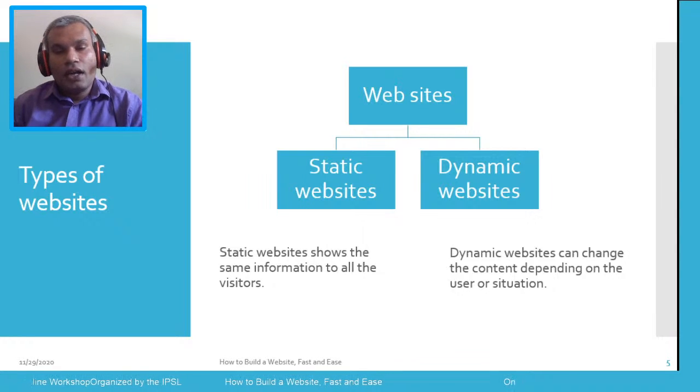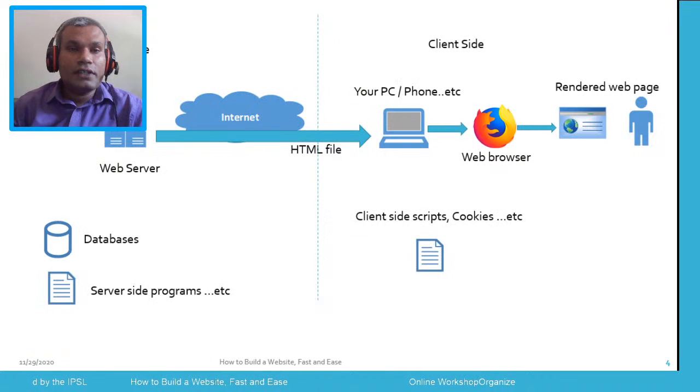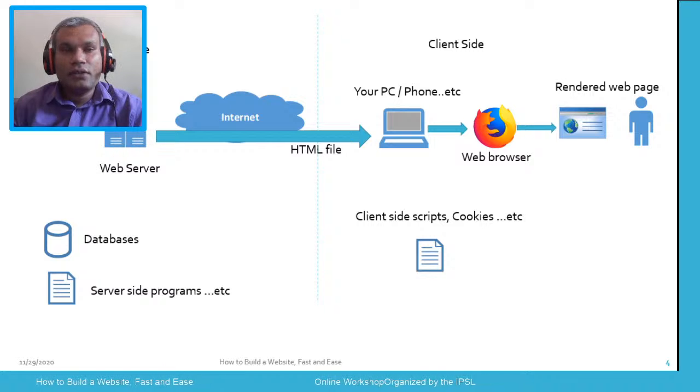So how does a dynamic website work? It's still an HTML page, but the way it is created is different. In a static website, the web developer writes static HTML code and puts it on the web server. So that pre-written HTML code is sent to you. In a dynamic website, the programmer writes a program using a server-side language, maybe PHP.